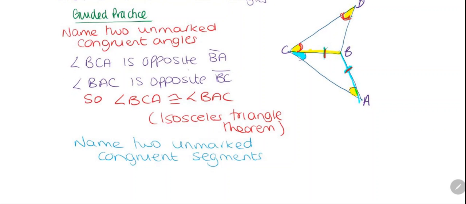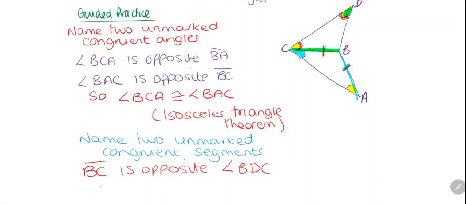So we can say that BC, which is this line here, is opposite angle BDC. If you write this down, BC is opposite, and we'll say this is angle BDC.